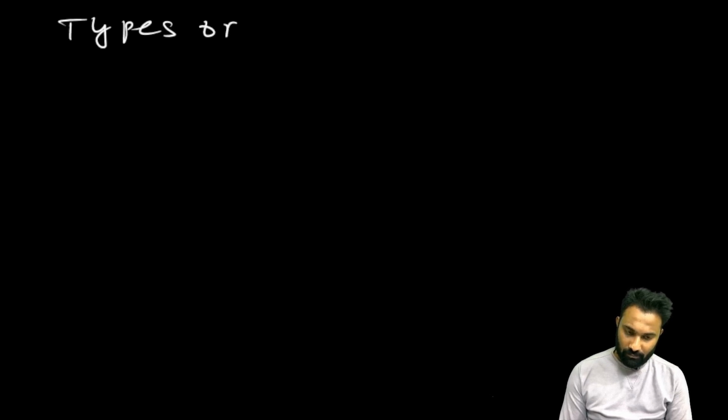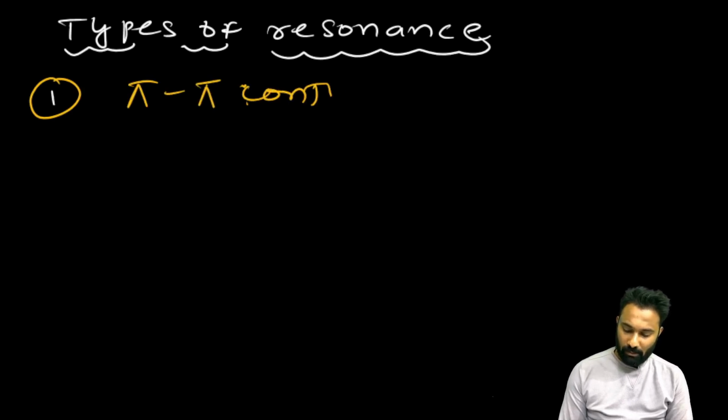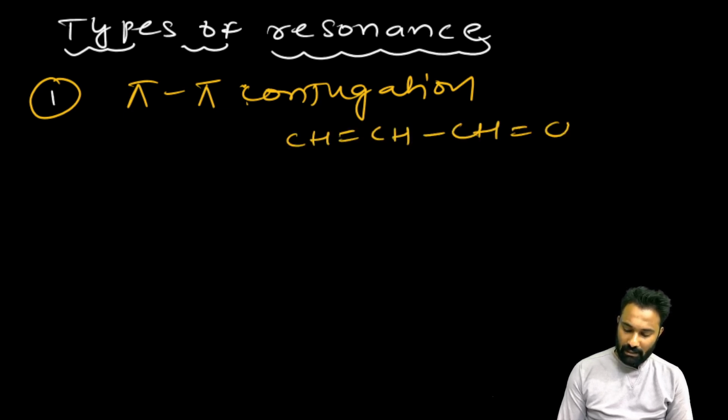Clear. In the types of resonance, the first one is pi conjugation. Done. Now what is the meaning of pi conjugation? I already explained it to you: carbon double bond, carbon single bond, and double bond.